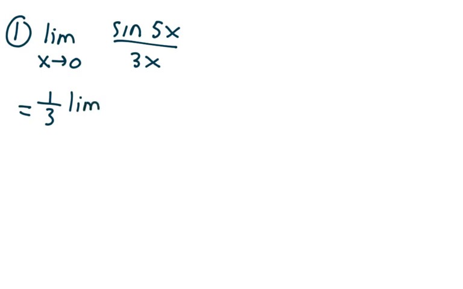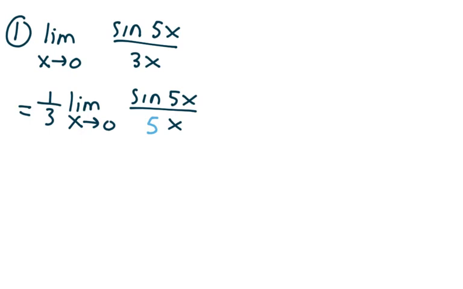And so I'm going to multiply a third times the limit as x goes to 0 of sine 5x divided by x. But I want to make the argument for sine and the denominator match. And so in order to do that, I need to multiply the denominator by 5.